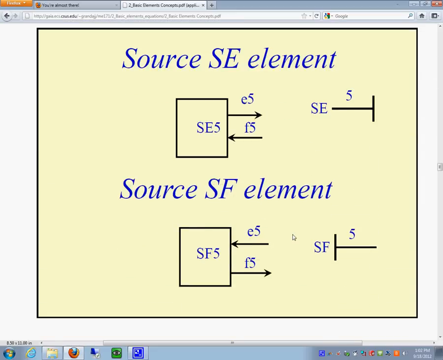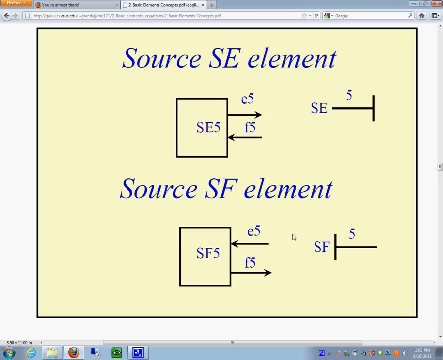The Simulink representation of an effort source is seen in the pictures right there. SE is the output here, and SF is the input. This is represented this way, and this is represented that way. These are the two source elements that we need.